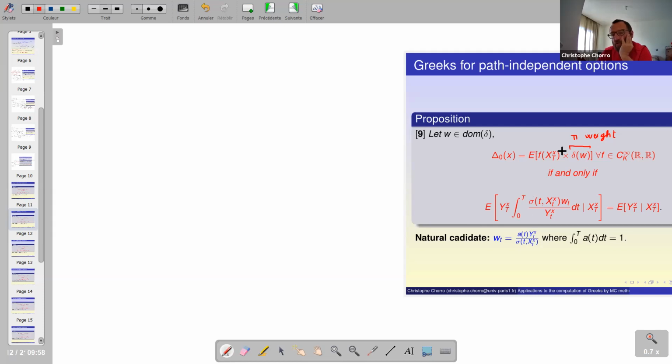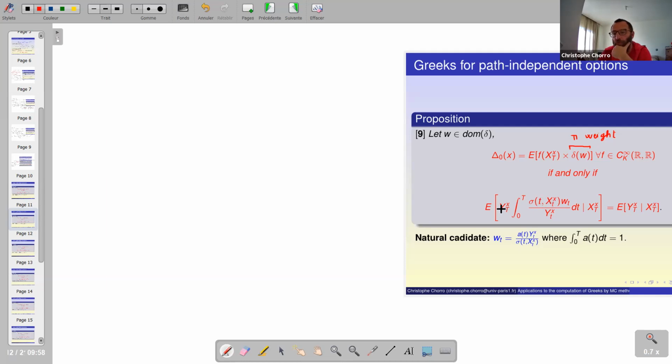So in order to be able to take a weight of this form that will work for the delta in the case of a path independent contingent claim, it will be necessary and sufficient to check that I have this equality between this conditional expectation, where W is inside this expression.